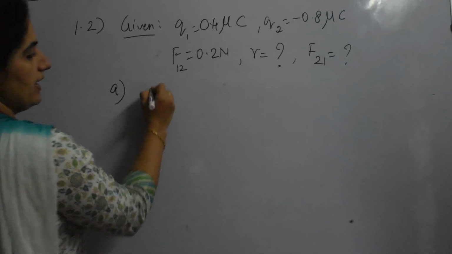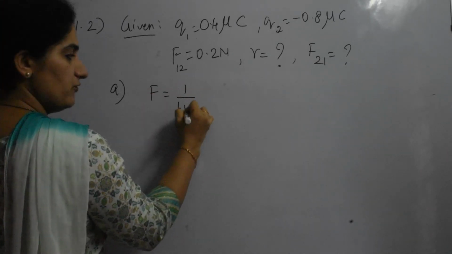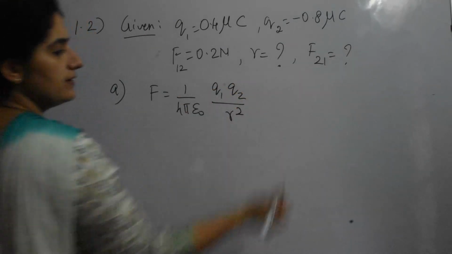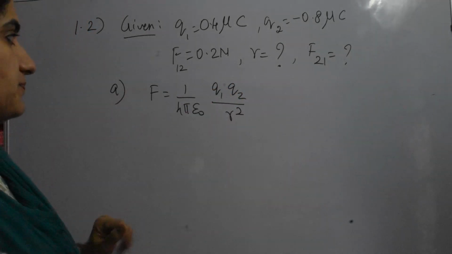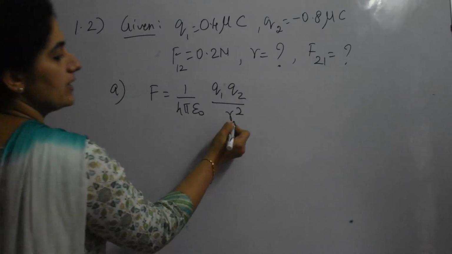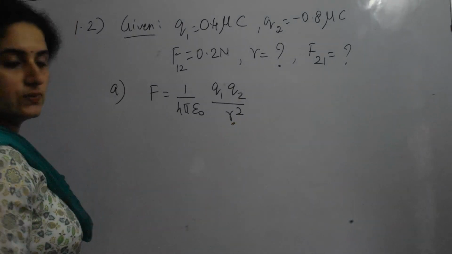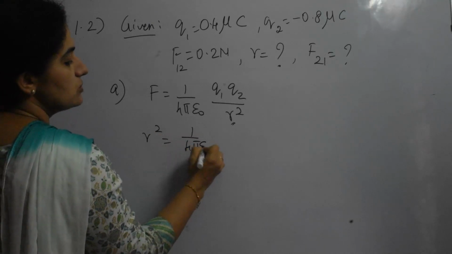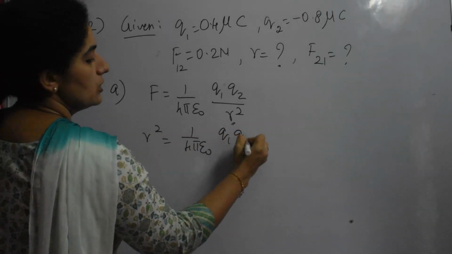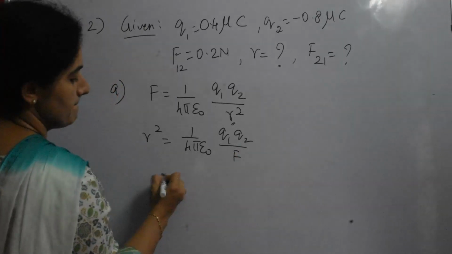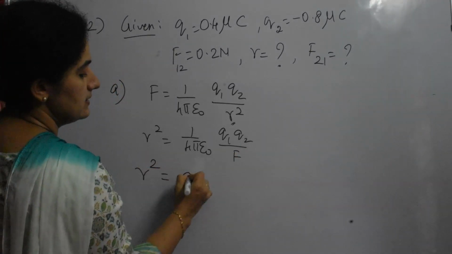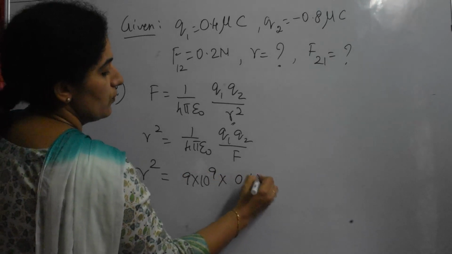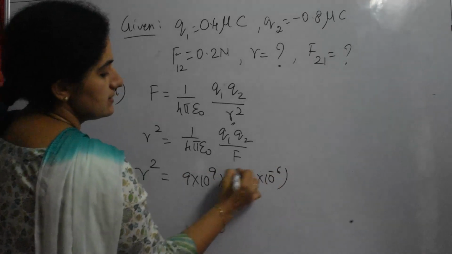So we have F is equal to the same formula you have to write, Q1 Q2 by R square. Substitute the corresponding data. You are required to find out the value of R square. So R square will be equal to, just to rearrange, 1 by 4 pi epsilon naught Q1 Q2 by F. R square is 9 into 10 to the power 9 into 0.4 into 10 to the power minus 6.